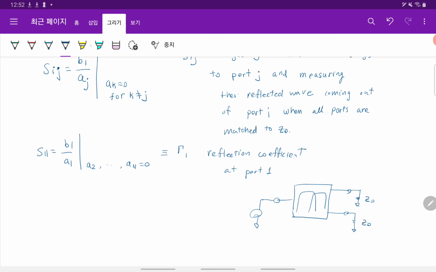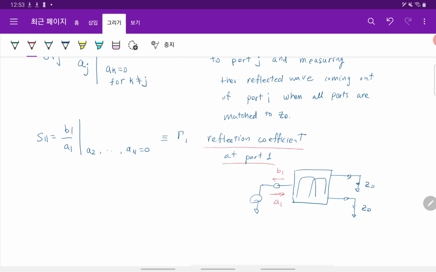If we measure incident wave A1 and reflected wave B1, then this is reflection, right? Incoming to reflection, so this is the reflection coefficient. So basically in S parameters, S11 means the reflection coefficient of some specific port. So Sjj means Bj and then Aj.